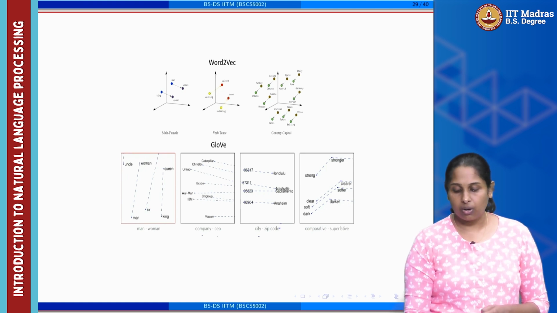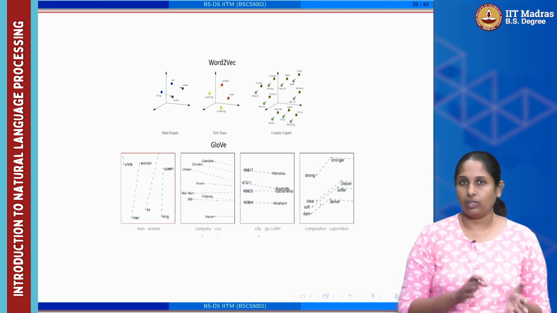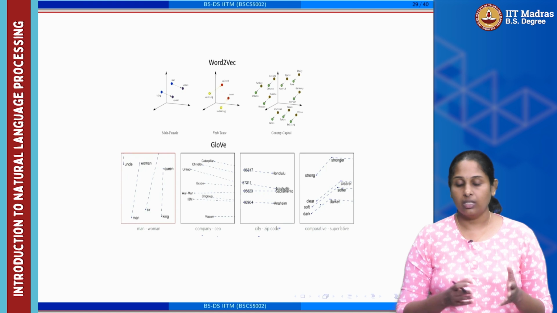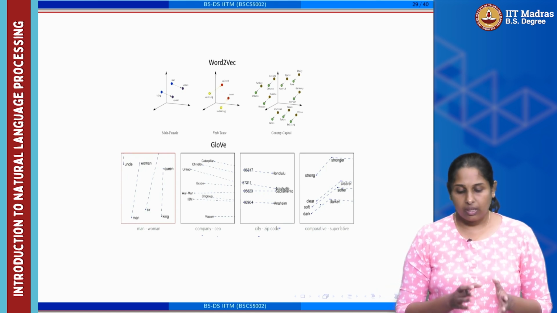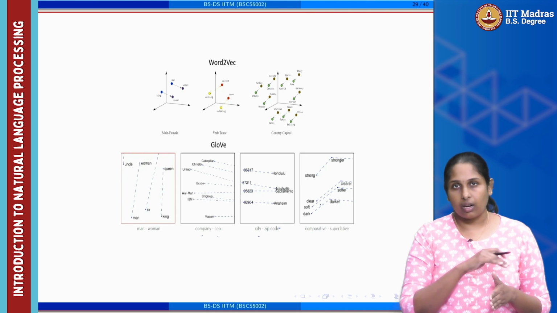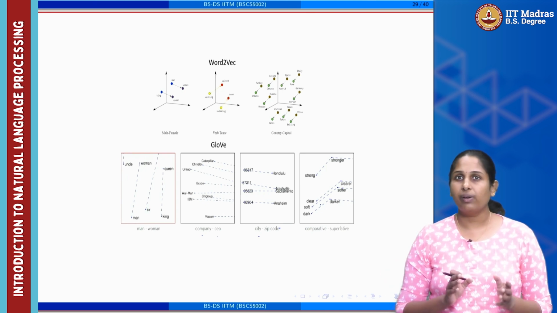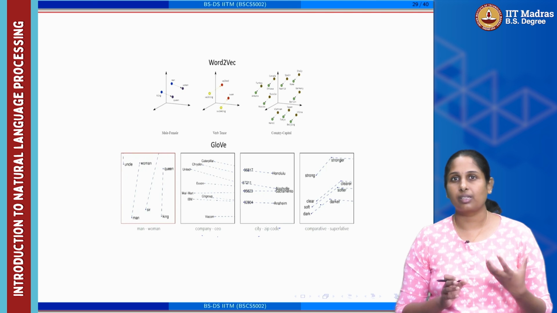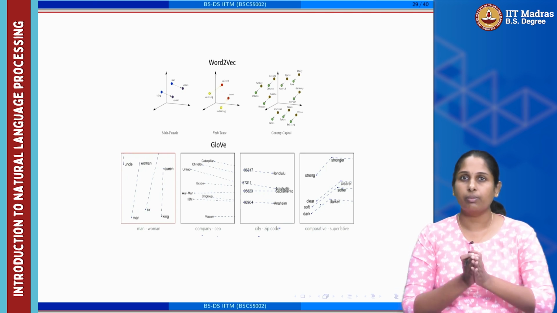City and zip code, and comparative and superlative degrees of adjectives can also be identified. Similarly, all other relations are identified. The relation can be horizontal or vertical, or it can be any diagonal shape. That means the vector representation can help us in understanding how these words have a similar context.